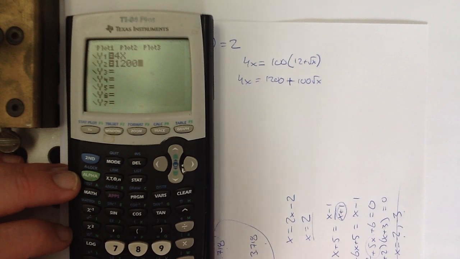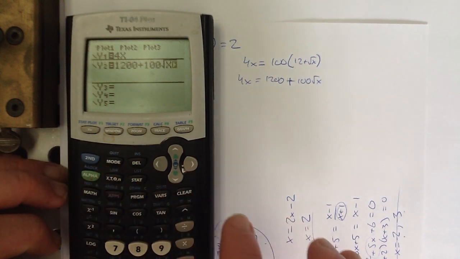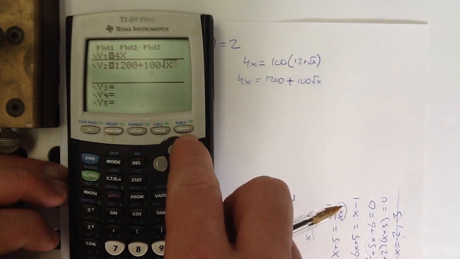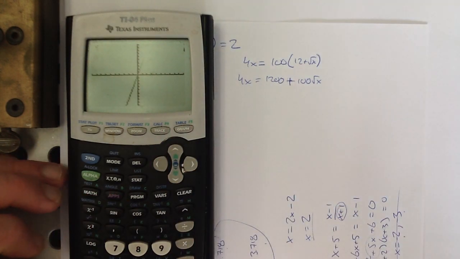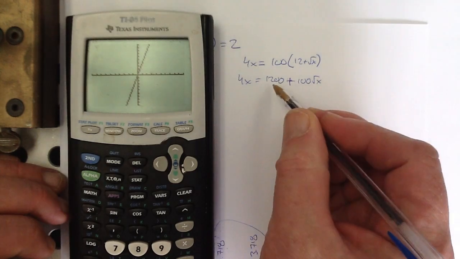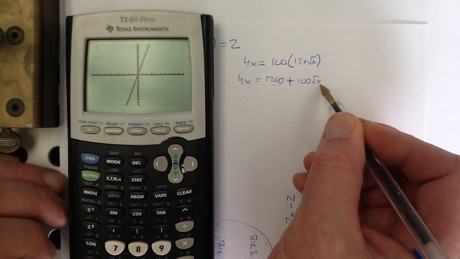1200 plus 100 square root of x, and I think I'm already in my standard window. That's a good place to start. There's 4x, and then this 1200 plus 100 square root of x, that's off the screen.